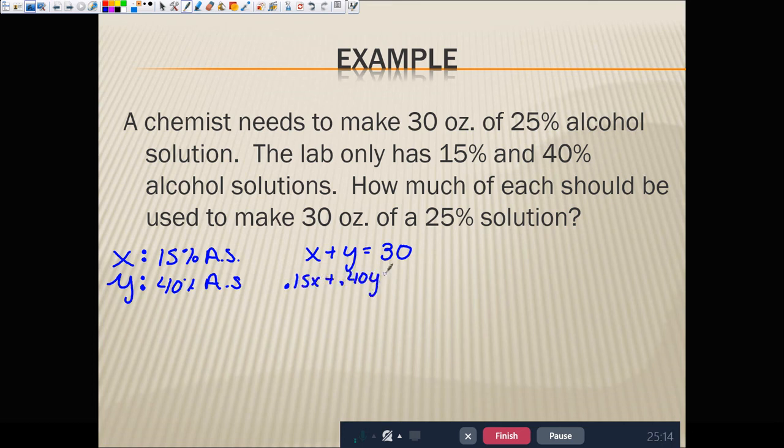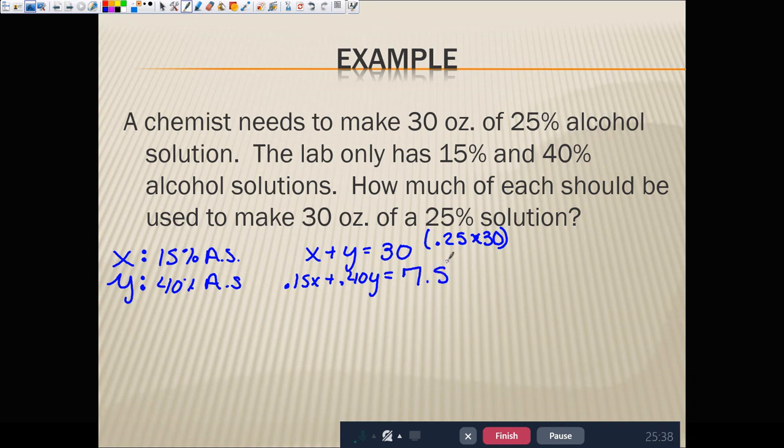Do they give me a total percent? I know I'm looking for 25, but 25% of what? Of 30 ounces. So I'm going to have to do the same thing like I did last time and multiply 0.25 times 30. So that would be 7.5.